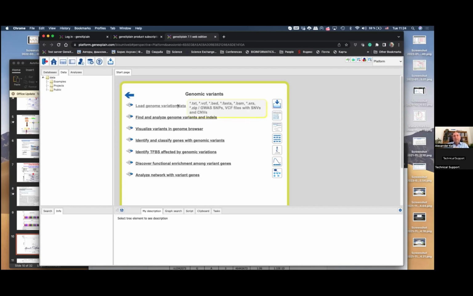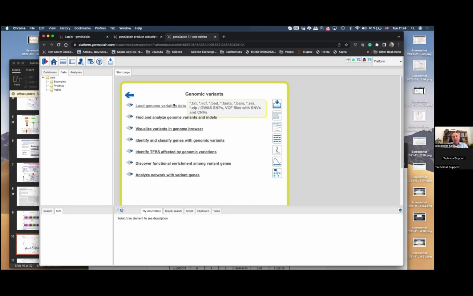For instance, it can be loaded as a VCF file. Today we probably will not have time for this topic, but that's a topic related more towards studying cancer or other diseases, when you have a full genome sequence of the changes in the genome.